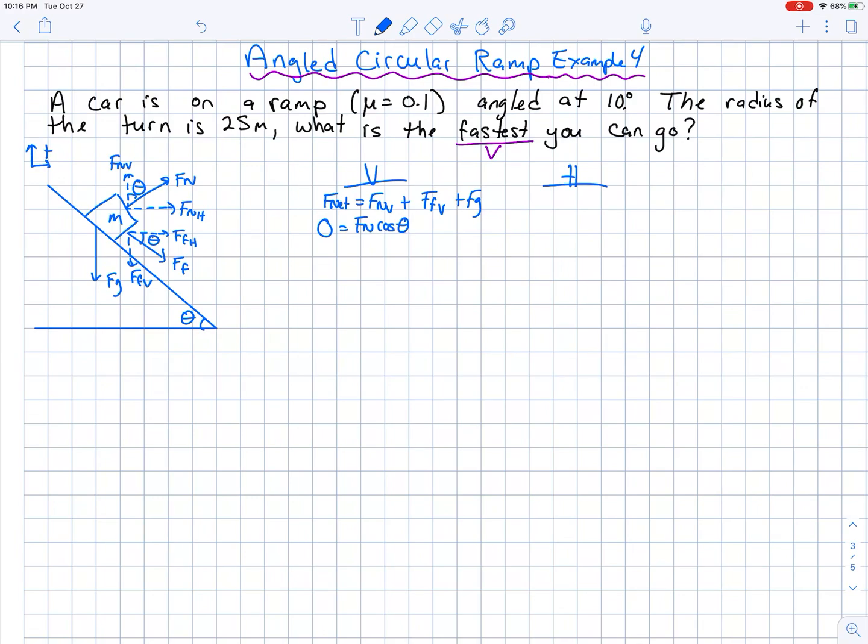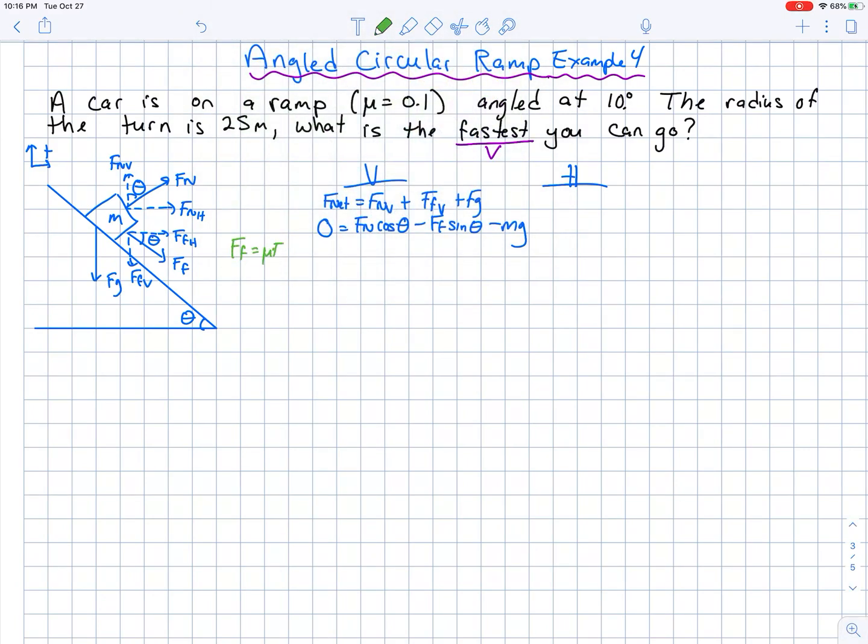In this case here, let's just add that our positive directions are going to be up and to the right based on the way I've drawn this. So that means that the vertical component for friction is going down, so it's going to be negative, and it's going to be opposite to that angle, so it's going to be sine. So we have minus Ff sine of theta and then minus mg.